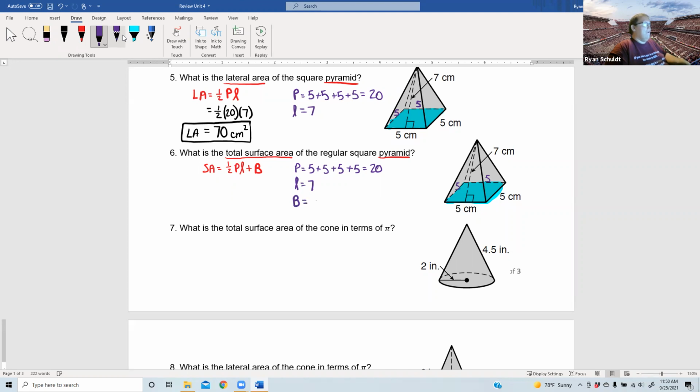The base is a square, so I just have to do side squared, which is 5 squared, 25. I've got P, L, and B. I can plug in. So 1/2 of 20 times 7 plus 25. So you get me 95 centimeters squared. That's my total surface area.